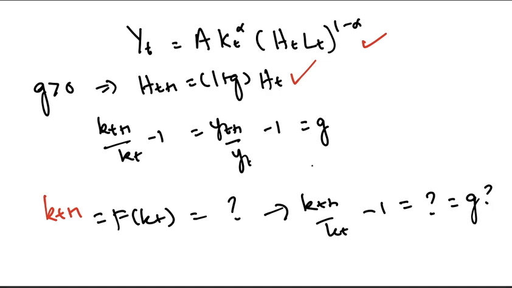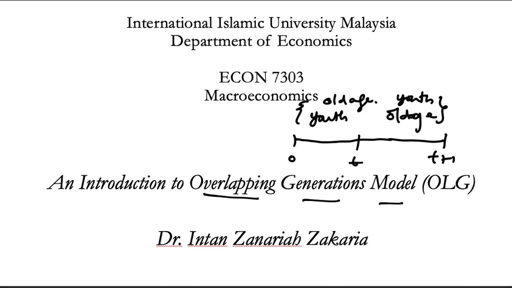Before I forget, the topic that we have here is the OLG model of economic growth. You have to understand that there is no specific textbook that I refer to when I teach you, because for this simple overlapping generations model, most textbooks use continuous time, not discrete time.